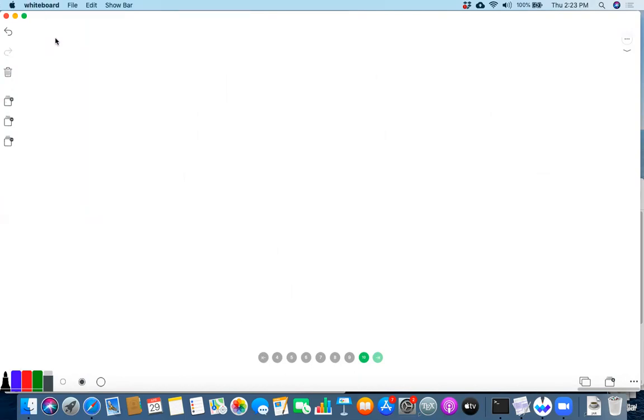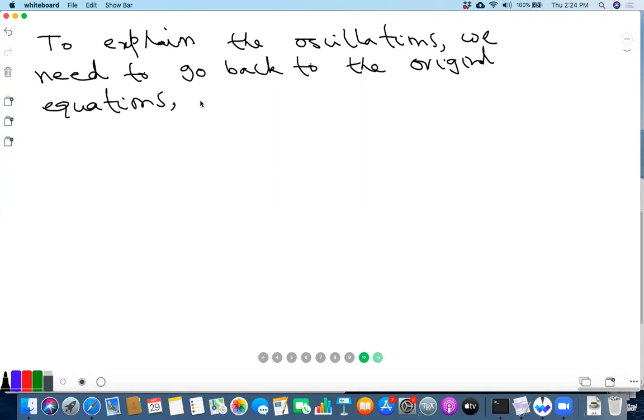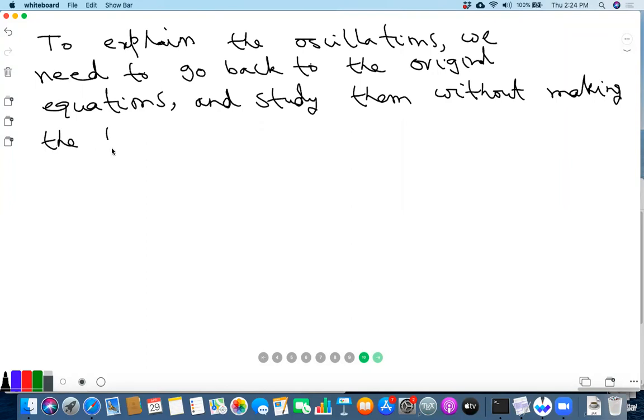So to explain the oscillations, we need to study them without making the K square approximation.